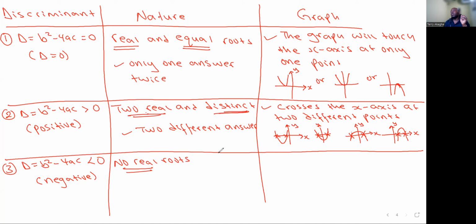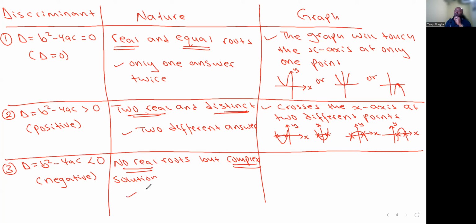So no real roots, but complex solutions, all right? We're going to talk about this when we get to complex numbers. There's a way of solving when the discriminant is negative. We'll talk about that when we get to complex numbers.